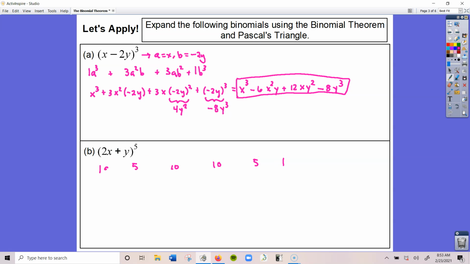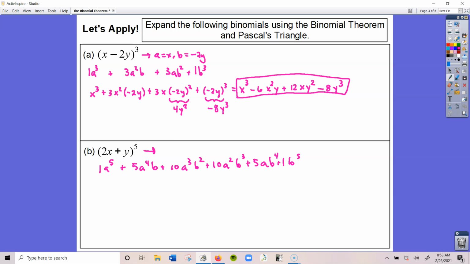Our first term starts with the highest exponent and decreases until we get to 0. And then my second term starts with 0 and then increases. And then we add everything in between.